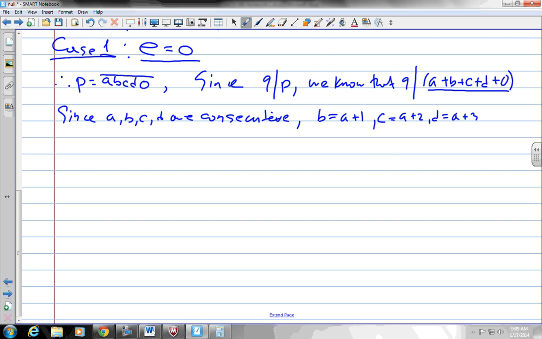Right? It's like 4, 5, 6, 7. If A is 4, then you get 5, 6, 7. Are you okay with that? That's what it means for digits to be consecutive.